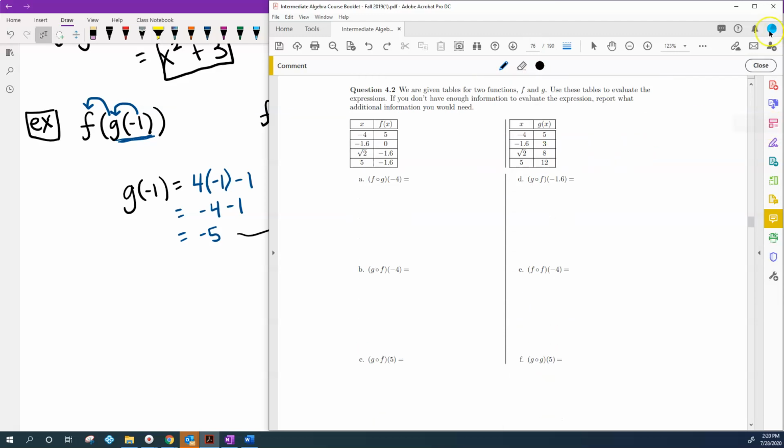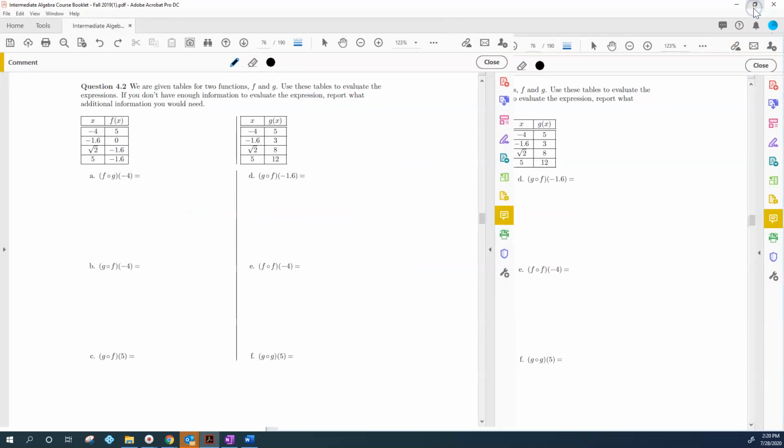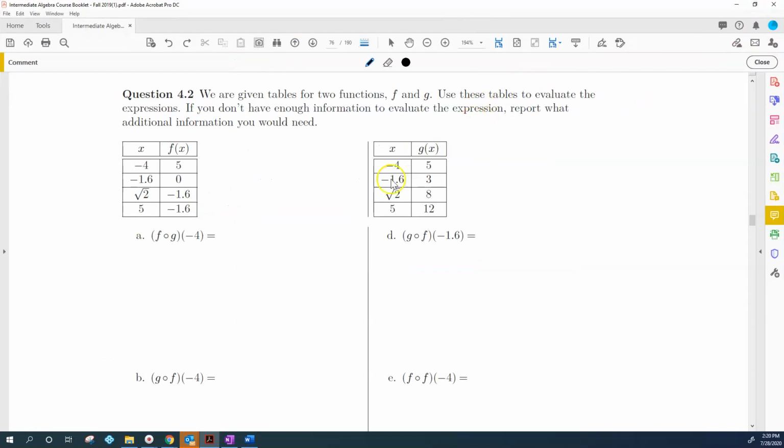Let's see if I can make this a little bit bigger, easier for you to see. This isn't in your notes or anything like that. Just do these as example problems. It was just easier to have the charts already written out here.